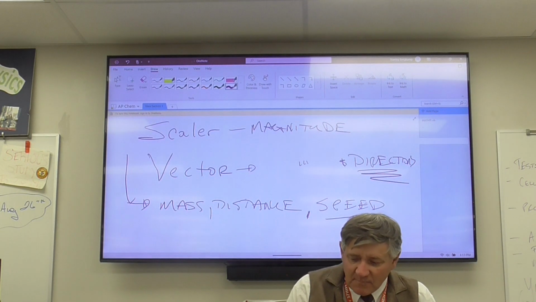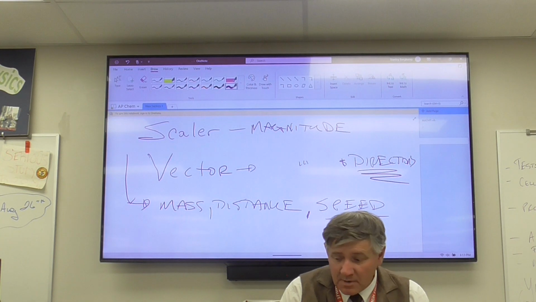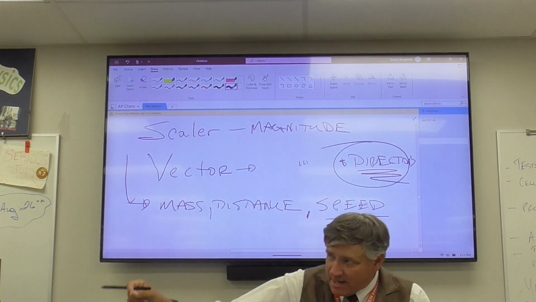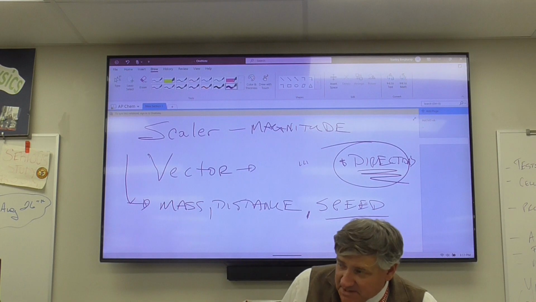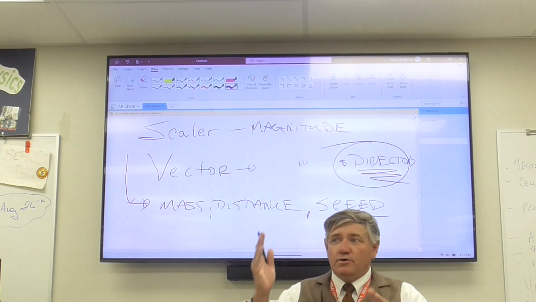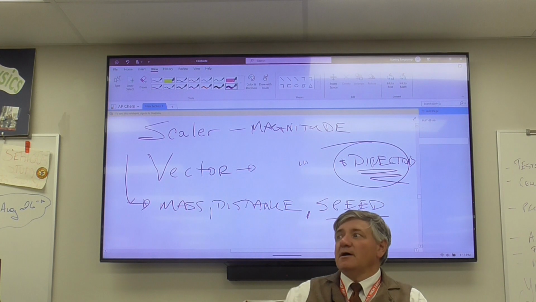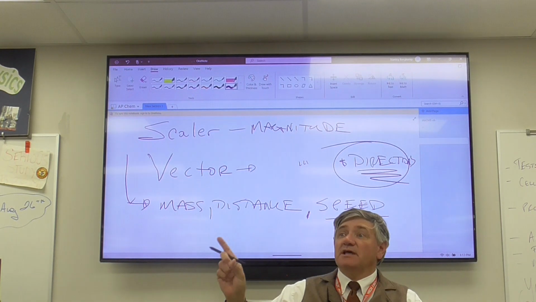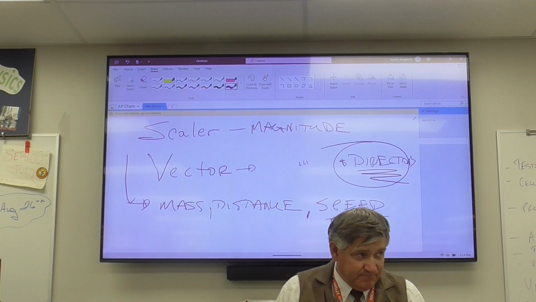Now, vector quantities have a number, but they also have a direction, which means we can represent them as an arrow. If Miss Dozer says, I drive 47 miles per hour north when I leave May South, that now becomes a vector quantity, because now she's telling me which direction she's going.